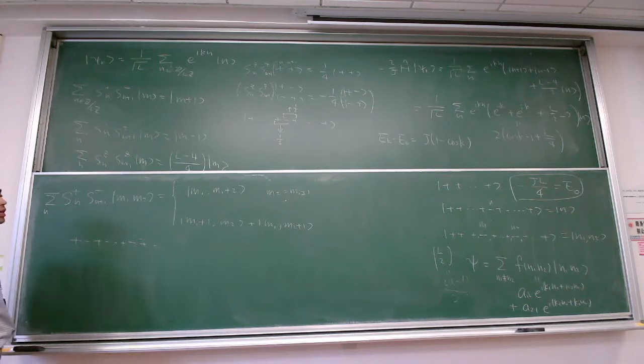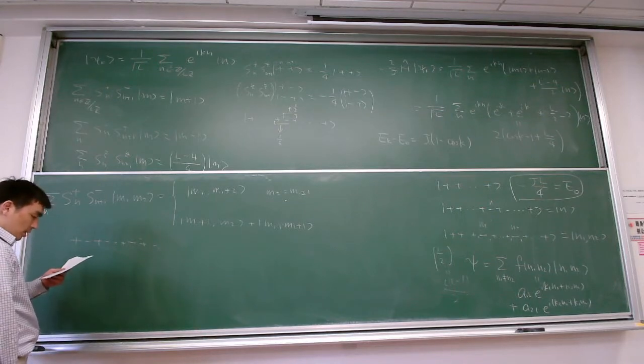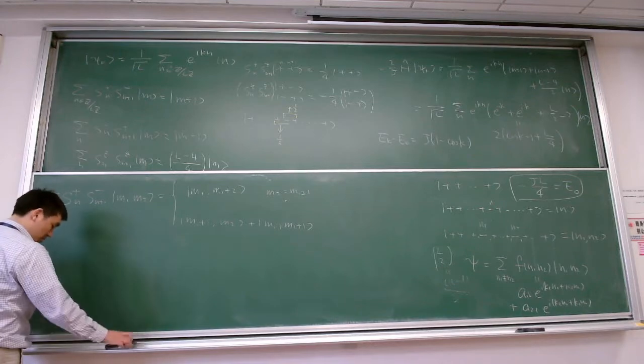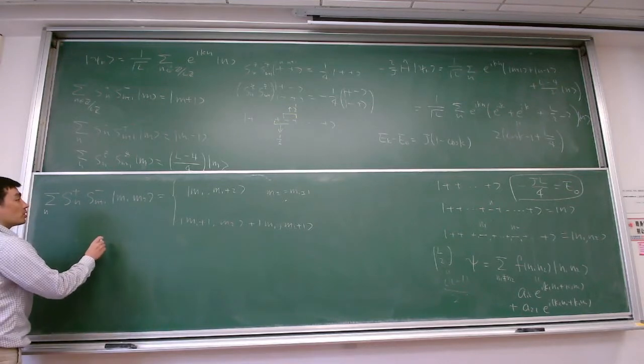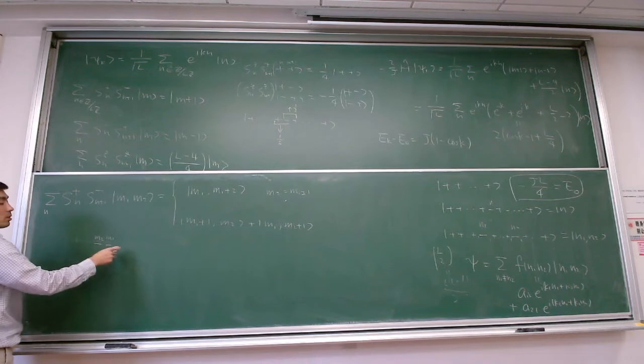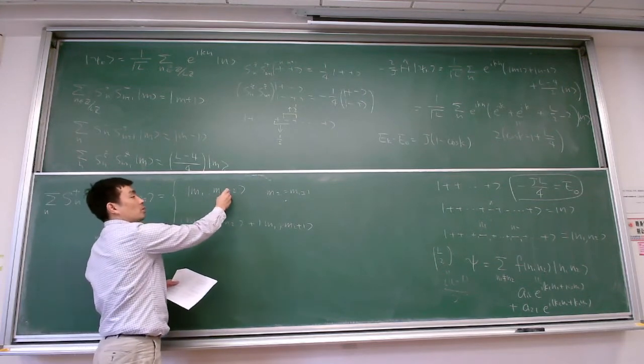I shouldn't write down plus minus; I have to be careful about the convention. Which means m1 is minus, m2. Minus case is this one. Then if you hit this one, you get this one. Then I think it should be like this, I guess.